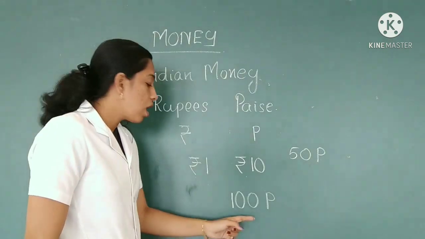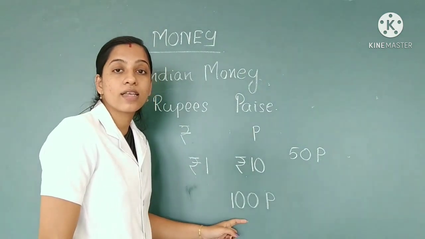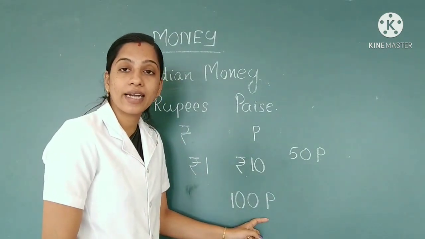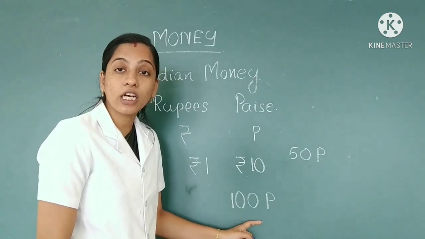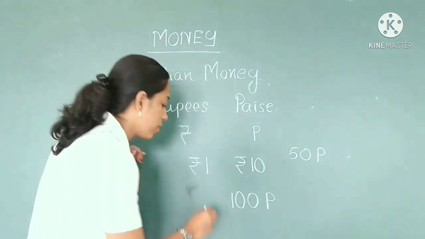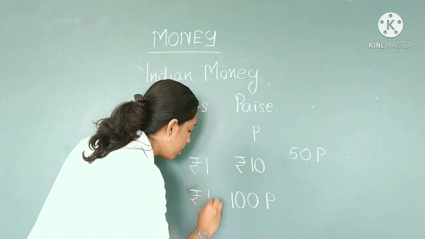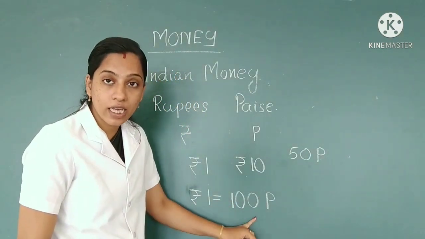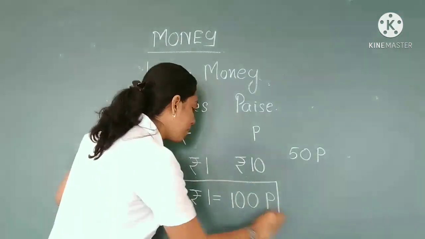Tell me children, how can you read this? Yes, this is 100 paise. 100p means 100 paise, which is equal to 1 rupee. So we can write rupee 1 is equal to 100 paise.